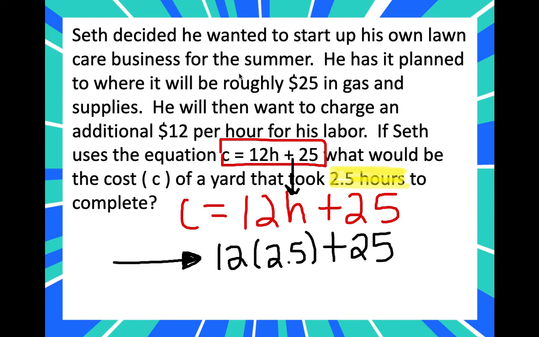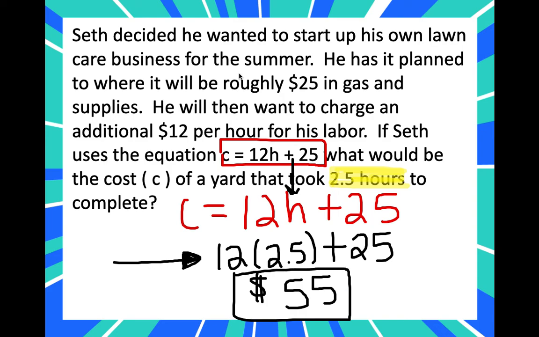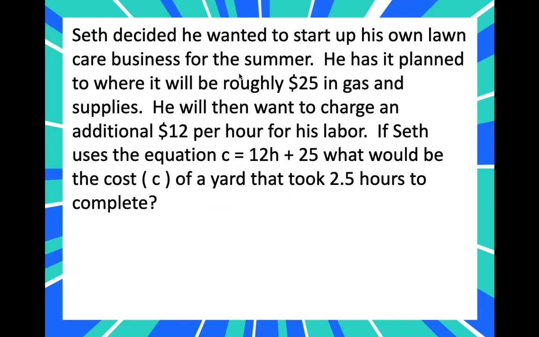Okay. All right. So hopefully you got the same answer as me, and we got 55. Was that too bad? Hopefully not. We are just plugging that into the calculator. Nothing special. All right. So I'm going to erase this one. I think that's the end of it.